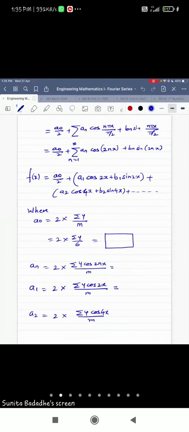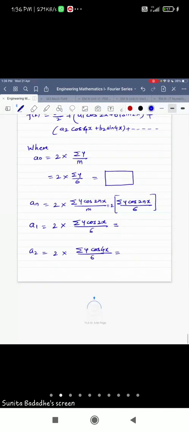What is m? Let me write down that value here. Okay, so m is 6. So that value also we can substitute at this position, right? So now I need these values.